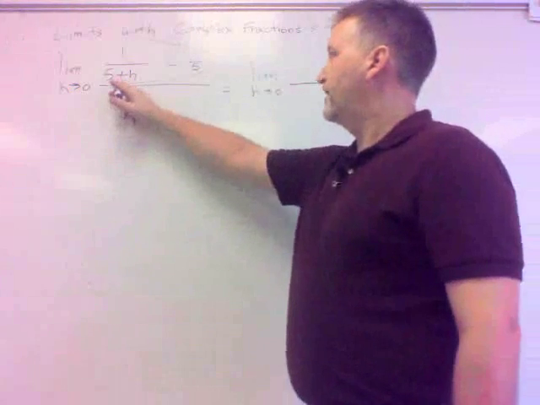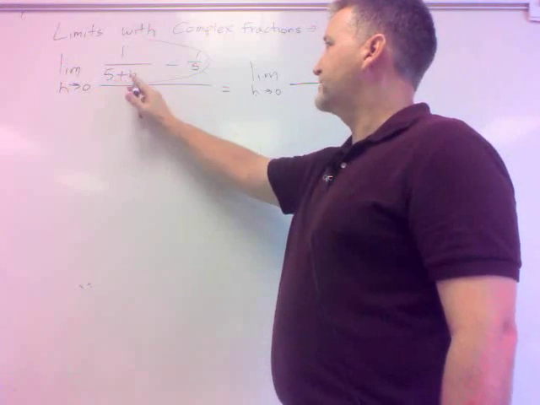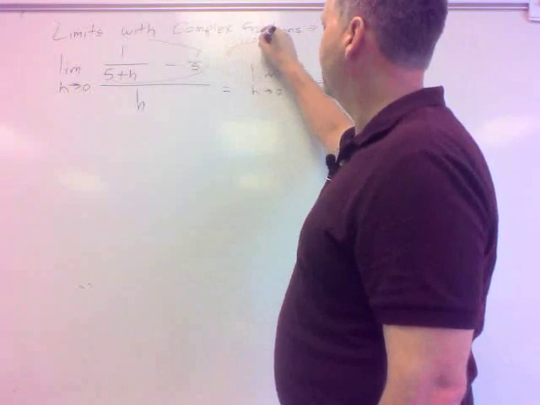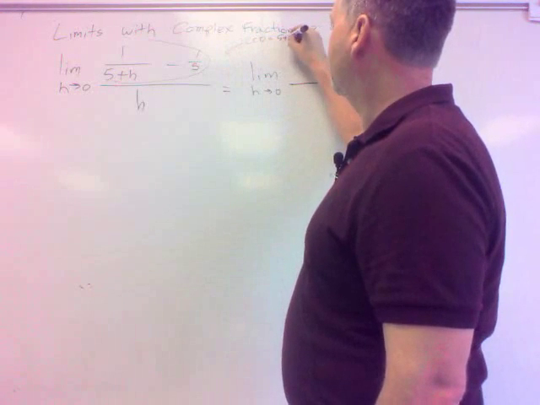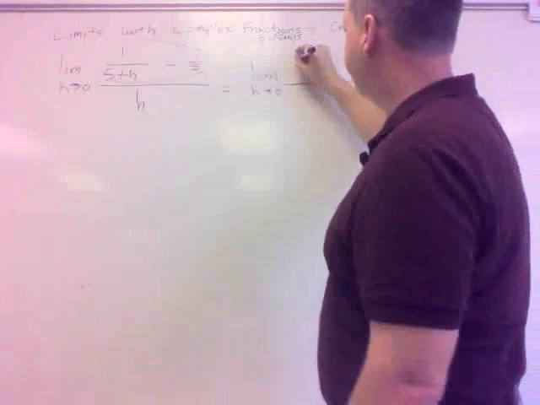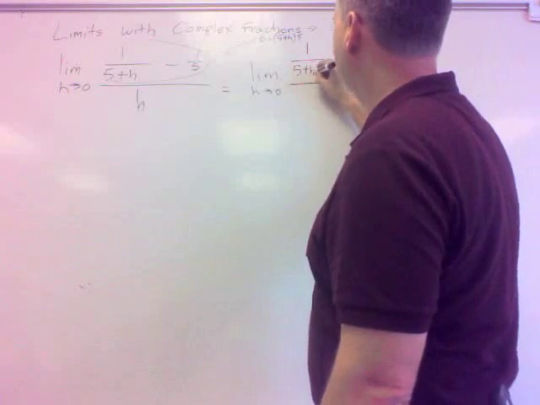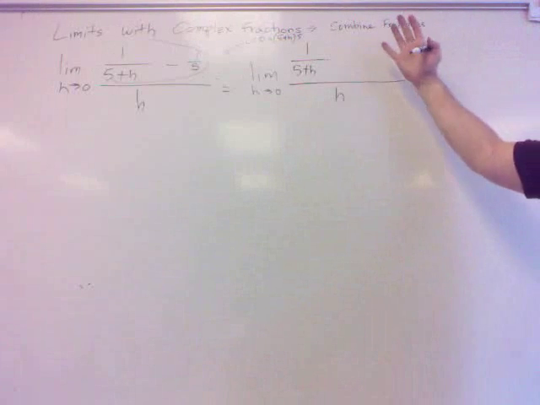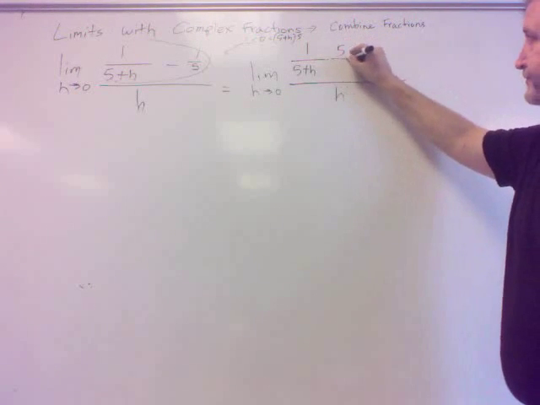And so, wouldn't the common denominator be 5 plus h times 5? The LCD is going to be 5 plus h times 5. Okay, well, to make the first fraction be 5 plus h times 5, don't I need to multiply by 5 over 5? I do believe so.